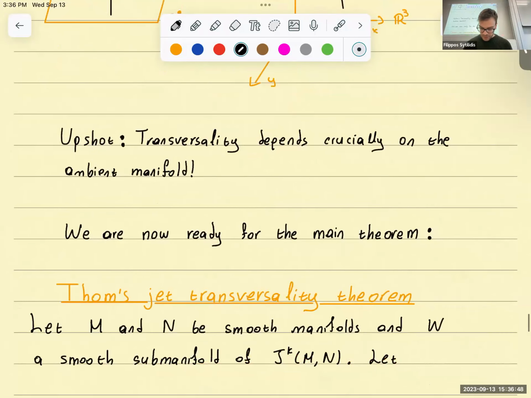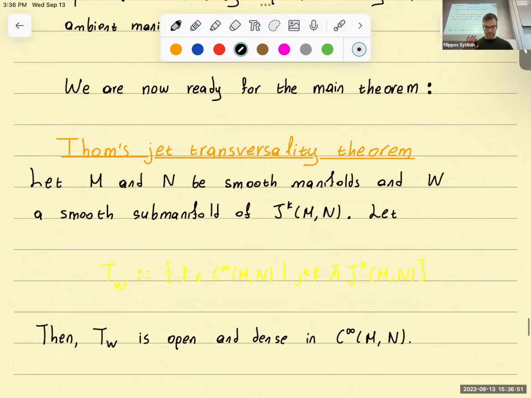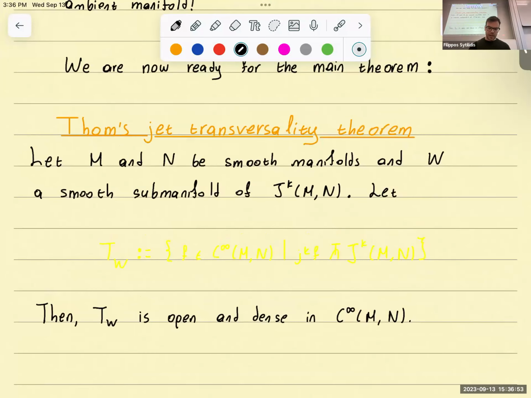And now we are ready for our main theorem, Thom's transversality theorem, but I should pause for questions. Are there questions, comments, concerns? All good.